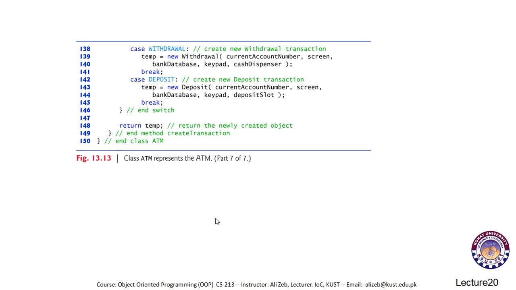Similarly, if the user has chosen cash withdrawal, we initialize our temporary variable to an object of the withdrawal class, passing all of the details to the constructor of the withdrawal class. And similarly if the user has chosen deposit, we initialize our temporary variable to the deposit class's object.